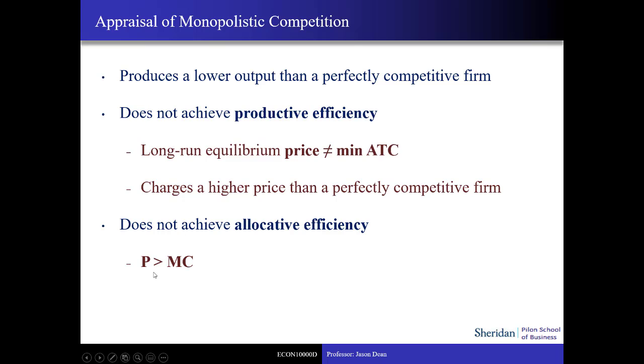And we would have that price is greater than marginal cost. Remember, when you have a downward sloping demand curve, the marginal revenue doesn't equal the price, right? The marginal revenue will be less than the price. And so if marginal revenue is equal to marginal cost, then the price will be greater than the marginal revenue. And so price will be greater than marginal cost.